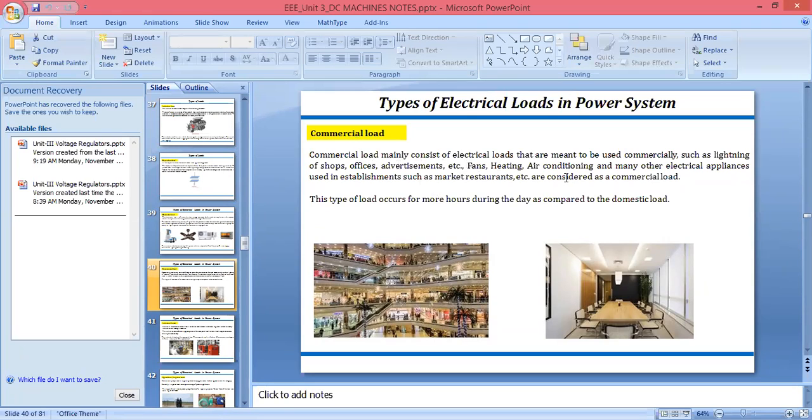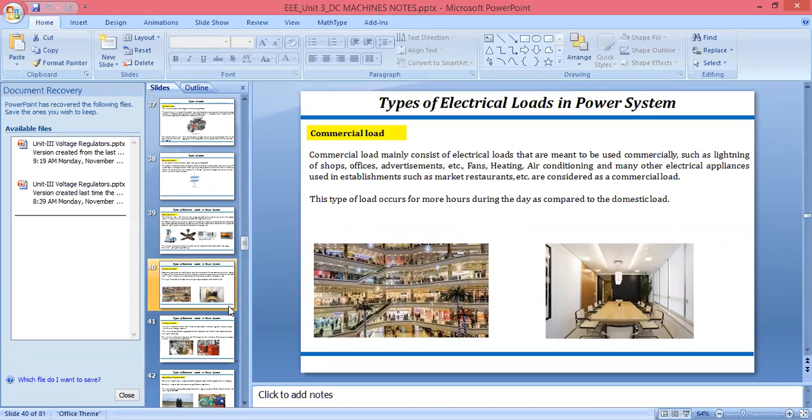And this type of load occurs for more hours during the day as compared to the domestic load. Because if you see malls, offices, shops, we are using lights and fans continuously. So these type of loads are used more as compared to the domestic load. These occur for more hours.